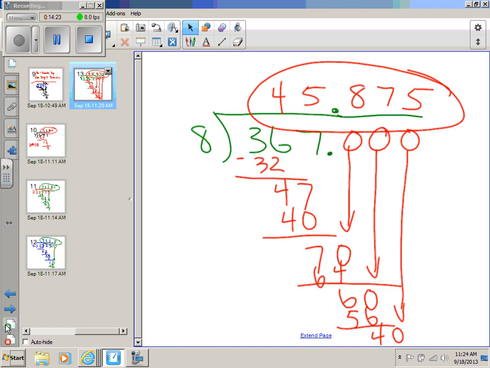There's no remainder left over anymore. Just put a decimal and just keep it rolling. Keep it rolling.